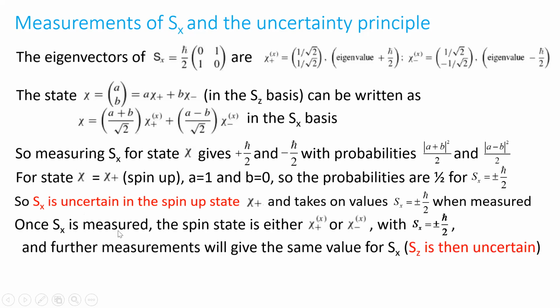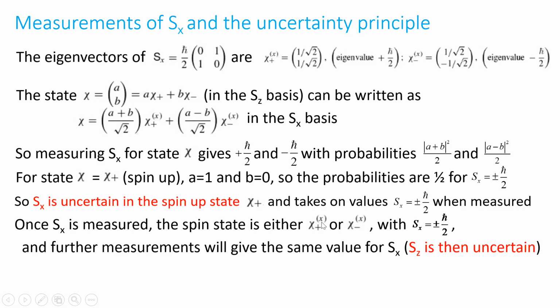Once we measure it, the spin state will collapse. If we get plus h bar over 2, the new state will not be spin up. It will be the chi plus for the x state.